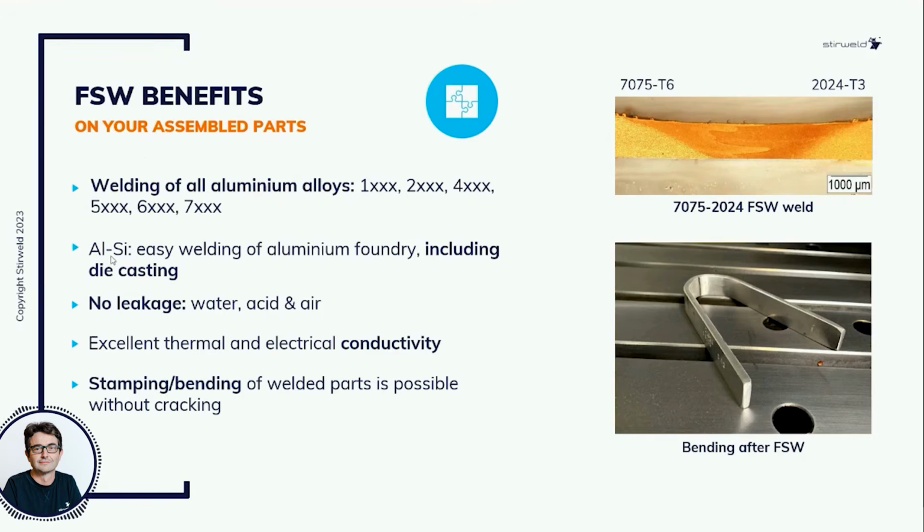No leakage, so that's why friction stir welding is used a lot for leak-proof assemblies, for example cold plates. Also, we have excellent thermal and electrical conductivity, and that's why friction stir welding is used for bus bars, for example. And as the mechanical strength is high and we don't have defects, it's possible to bend or stamp the part after welding, of course on aluminum parts.